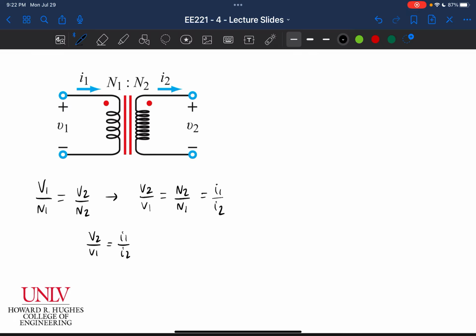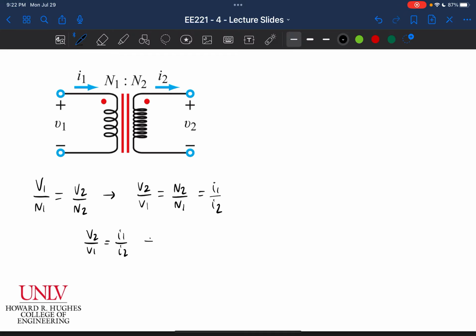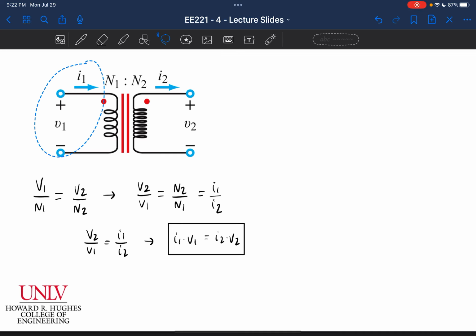And so if I do a little bit of cross multiplication here and rearrange this, I can write that I1 times V1 is equal to I2 times V2. And that right there is conservation of power. Basically, it's telling me that the product of my input current and voltage, which are these two quantities here, is equal to the product of my output voltage and current, which is these two quantities here.